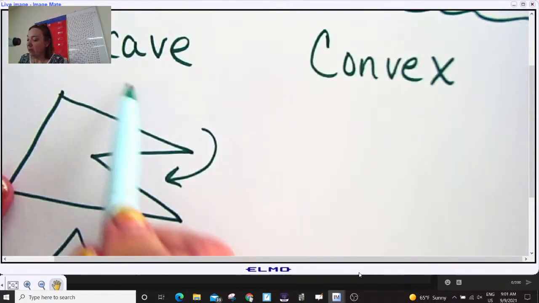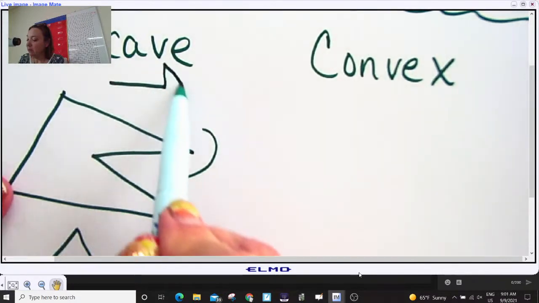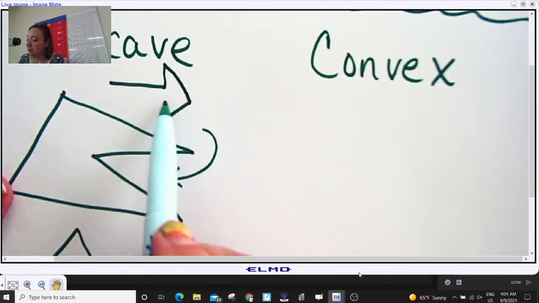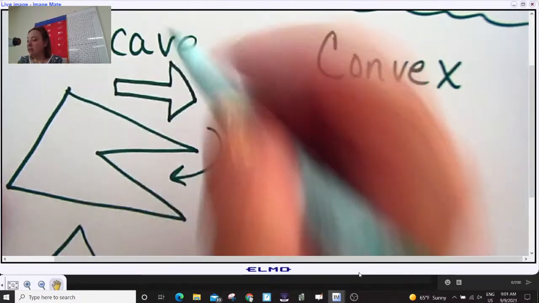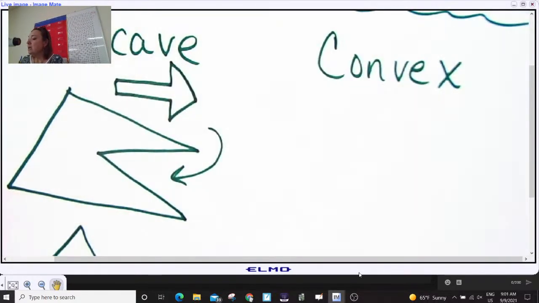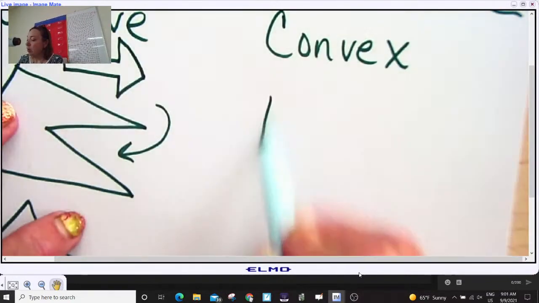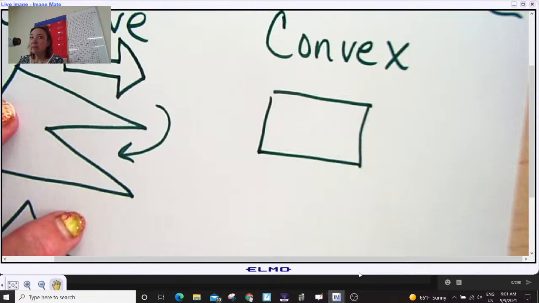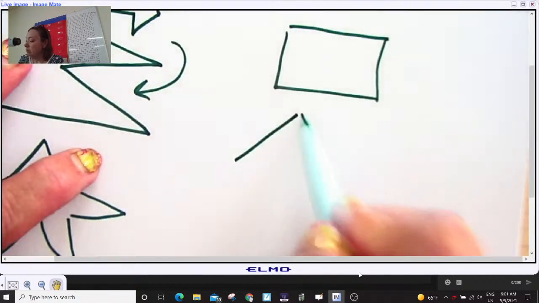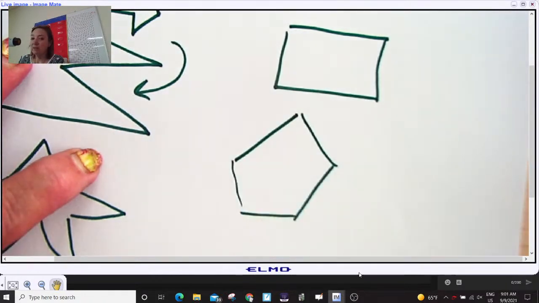So if you think of an arrow like this, right? That's a concave polygon because it caves in, right? Polygons that do not cave in are called convex. So like a rectangle is convex. This is convex, right? Okay.